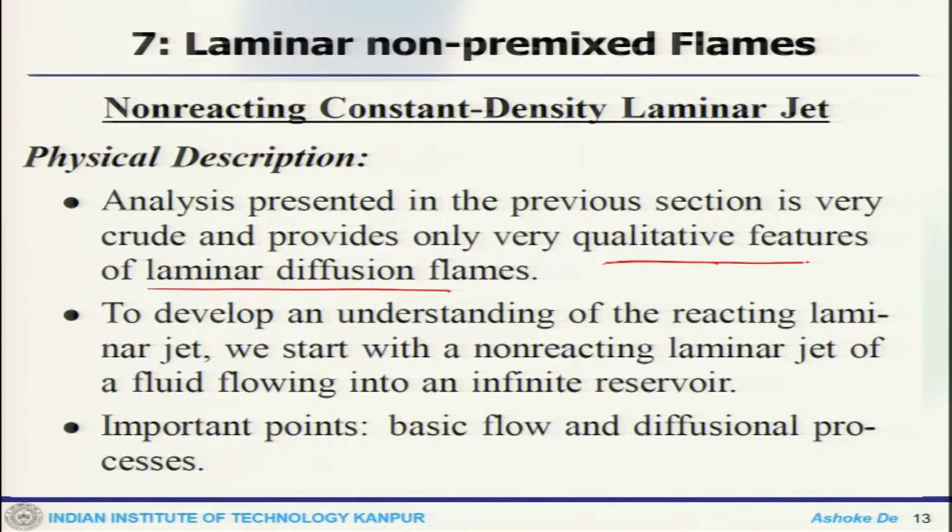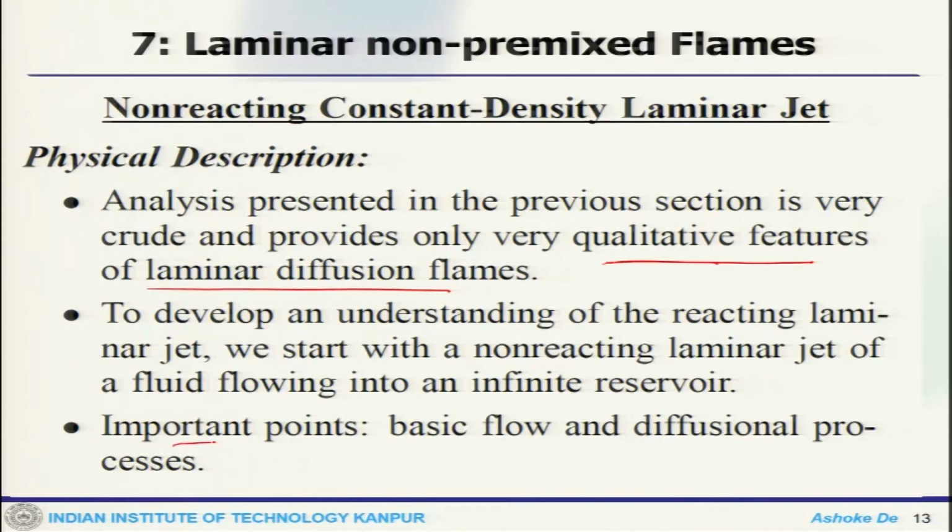So, it is not very quantitative, but one would always like to have some quantitative description. To have a detailed understanding of this reacting jet, we will consider this constant density situation and then do the analysis.